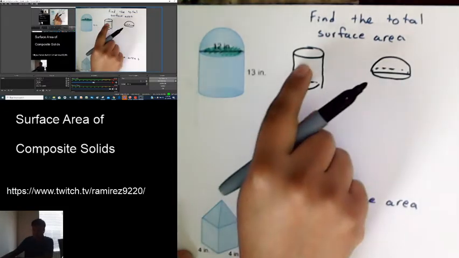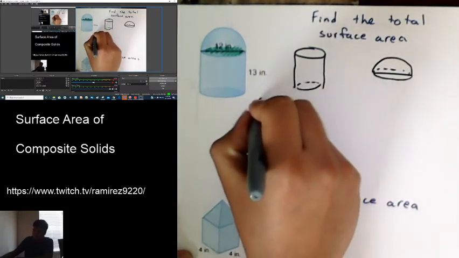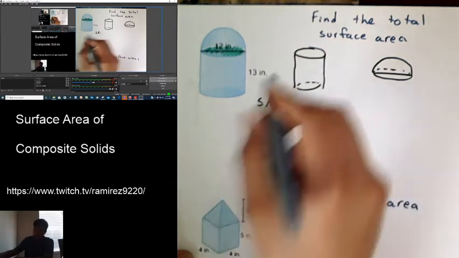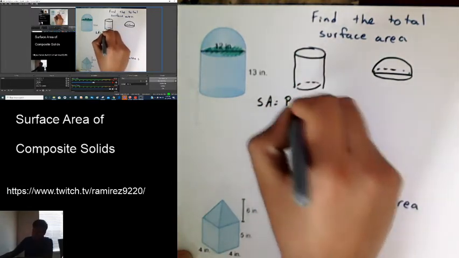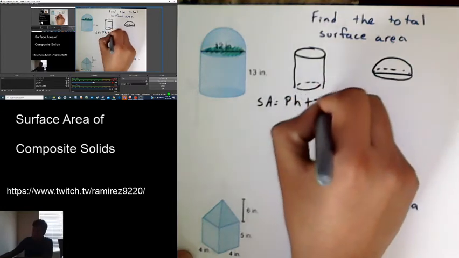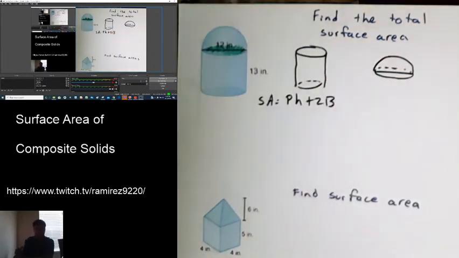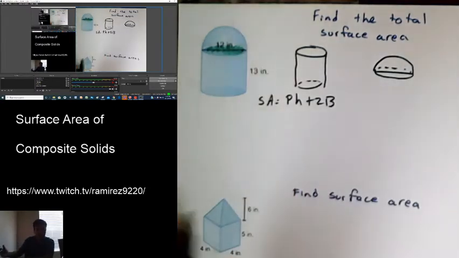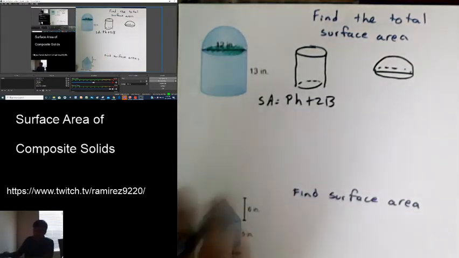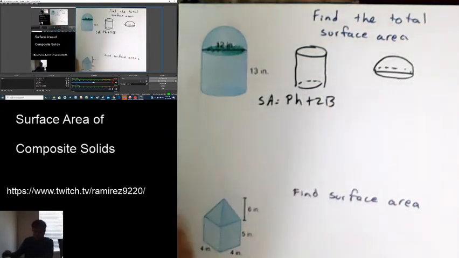For example, the surface area of a cylinder normally is your perimeter times your height plus 2B. But in this case, because this one is not being exposed, we are only going to consider one base.